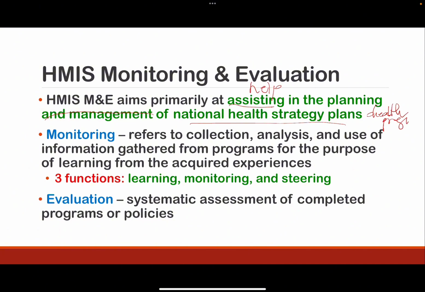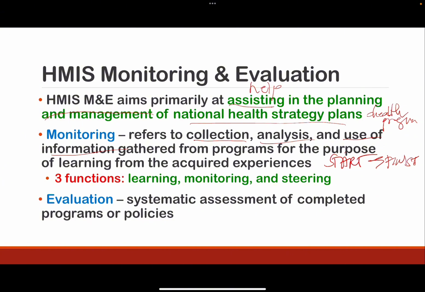Okay? So, monitoring, if we read it, refers to the collection, analysis, and use of information. So, it is all about the whole process from start to finish. Okay? So, everything you gather from start to finish from those programs has a purpose.